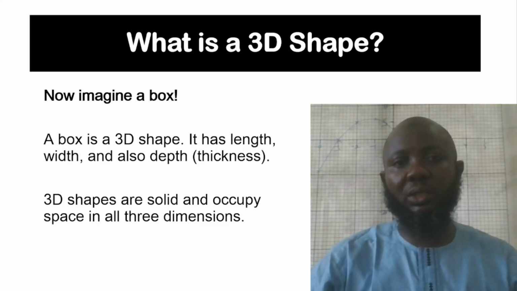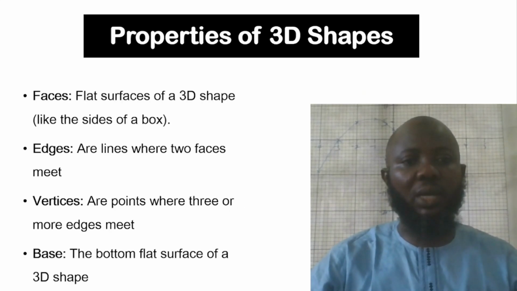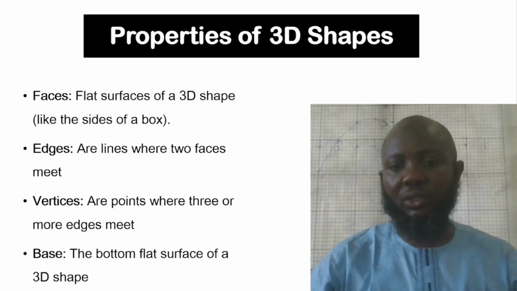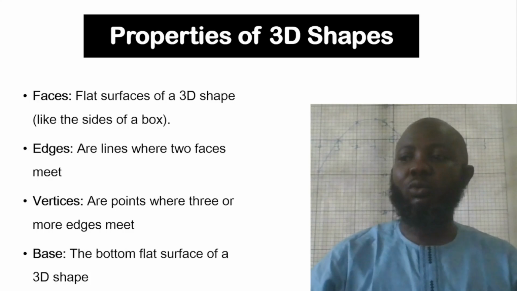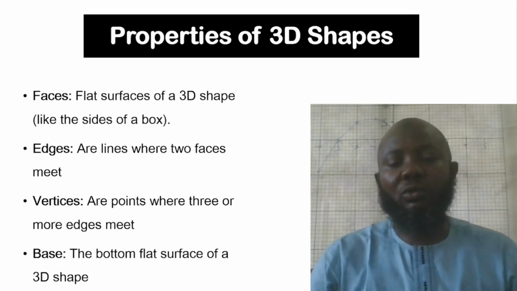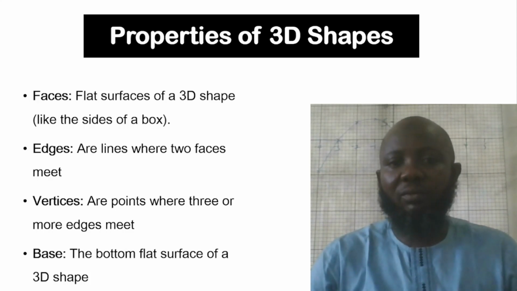So the next one is let's now look at properties of 3D shapes. When it comes to properties of 3D shapes, we are going to be looking at faces. How many faces does this have? How many edges? How many vertices? So what is the meaning of all this?